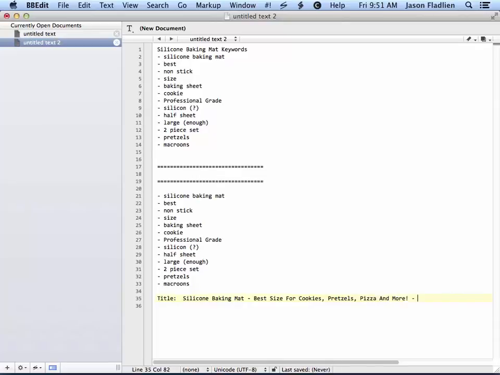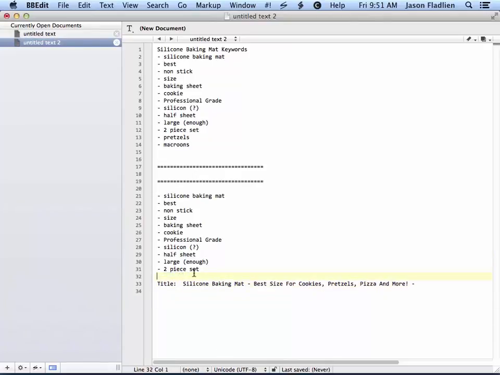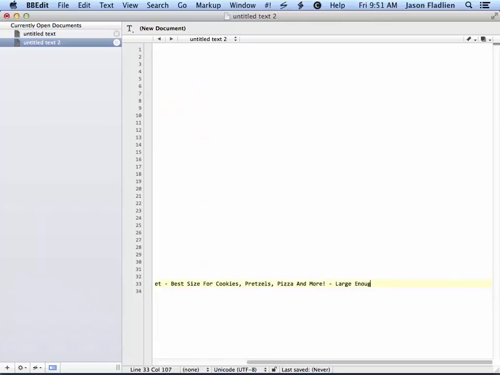Type out the word "and" this time to get that as potentially a keyword. And then I like the word two-piece set. The more important the keyword, the more I like to stick it up front for the most part. Large enough.